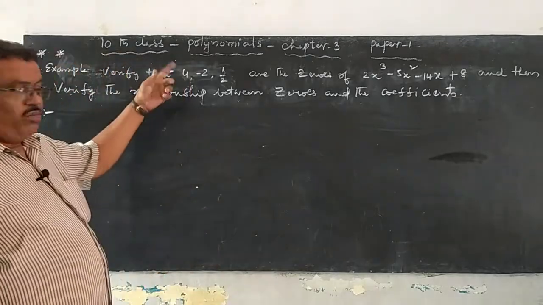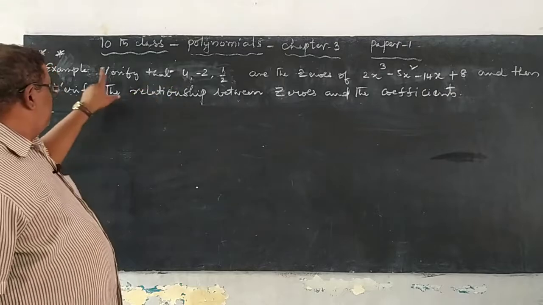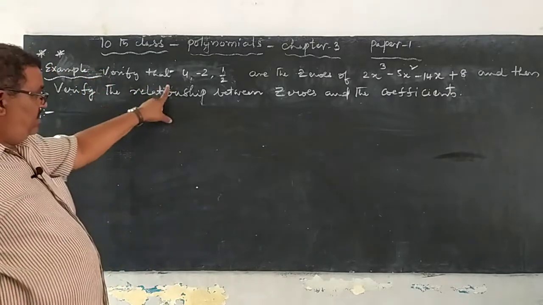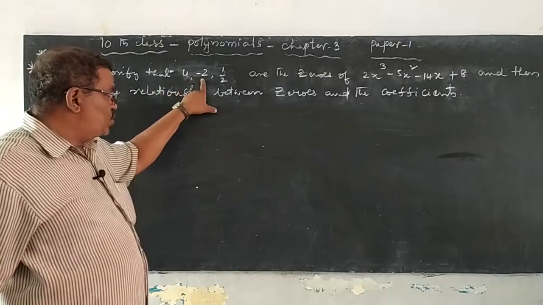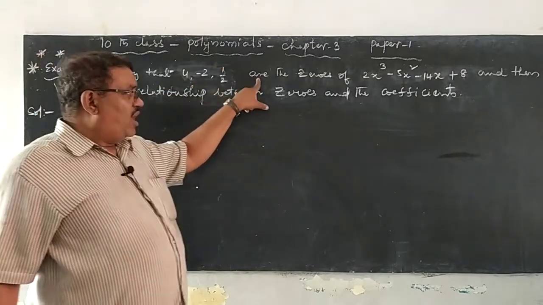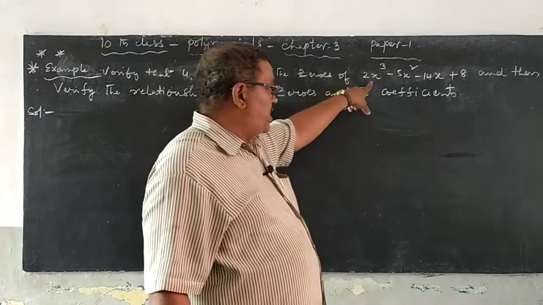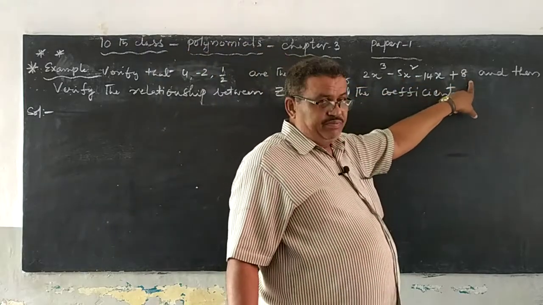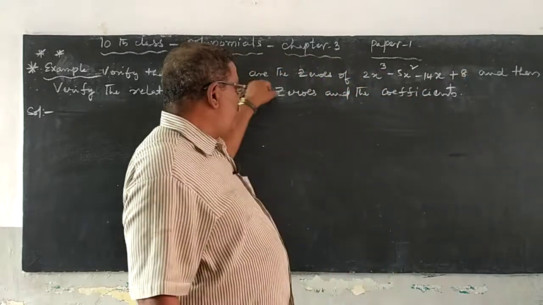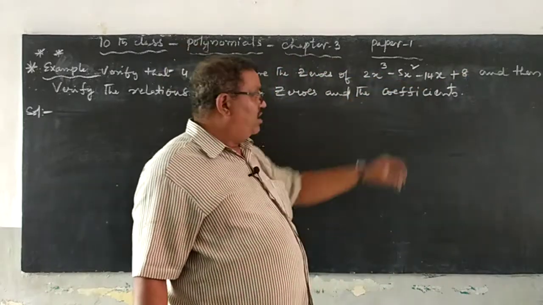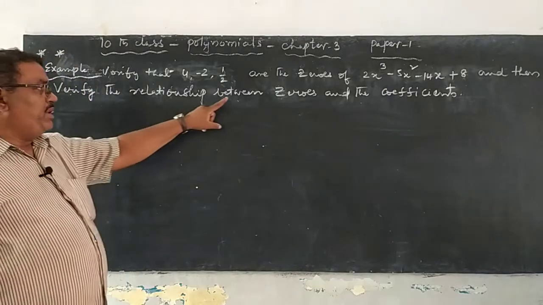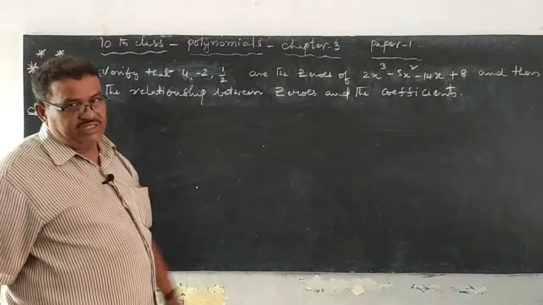But I have one more problem to say. Let us see this one. Verify that 4, minus 2, 1 by 2 are the zeros of 2x cube minus 5x square plus 11x plus 8. So these three are said to be the zeros of the cubic polynomial, and then verify the relationship between zeros and the coefficients.